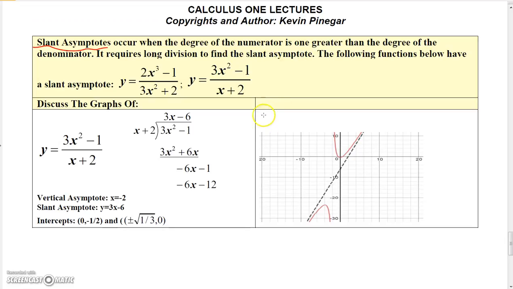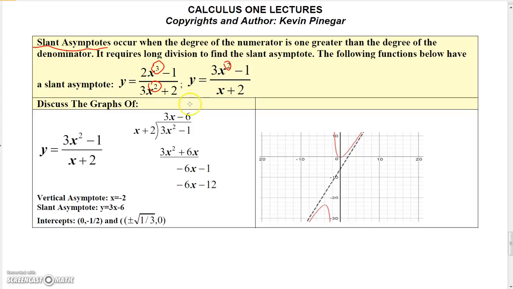You get a slant asymptote when you have a rational function, and the degree of the numerator is only 1 greater than the degree of the denominator. So for this example you would have a slant asymptote, and the same thing here. Here the degree of the numerator is 2, and the degree of the denominator is 1, so therefore you would have a slant asymptote in this case.